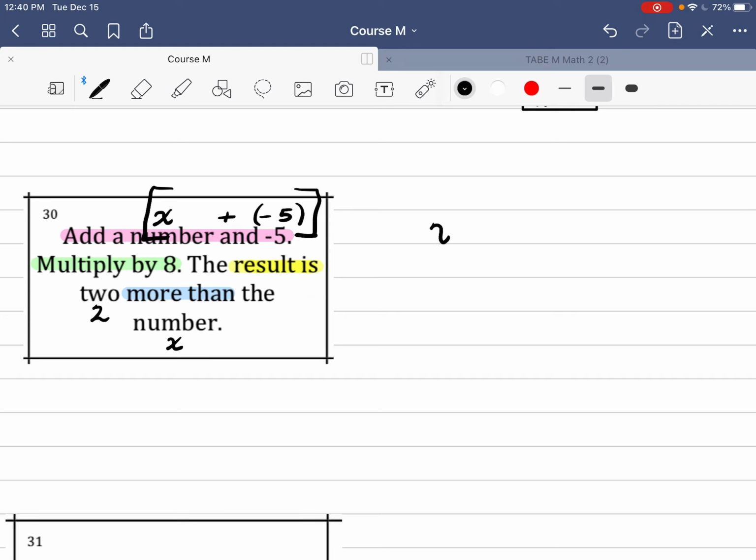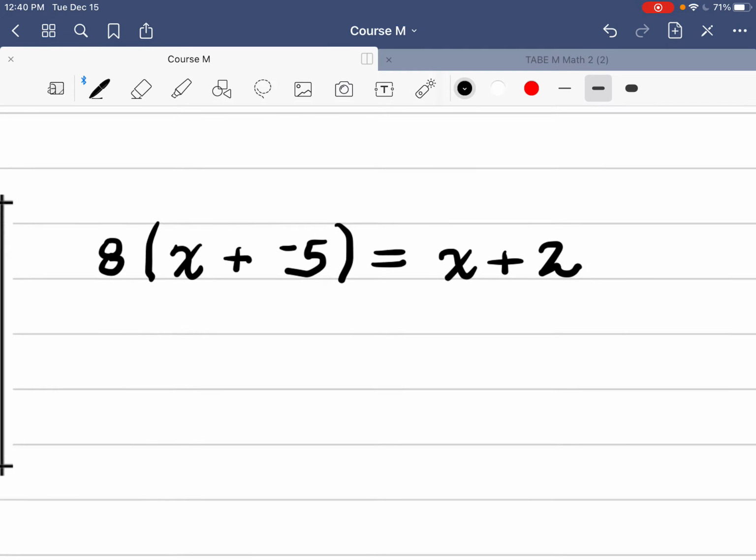We've got to add a number and negative 5, excuse me. And then we're going to multiply all of that by 8. The result is 2 more than the number. So there's the equation that we have to solve.